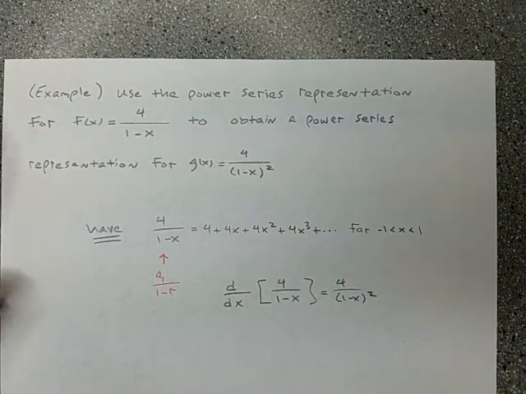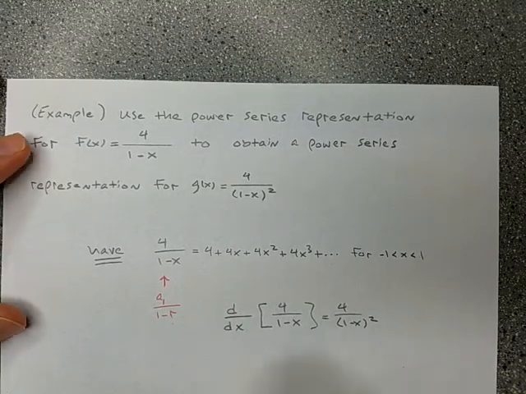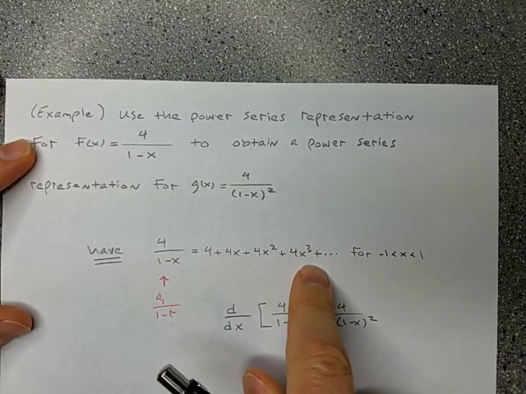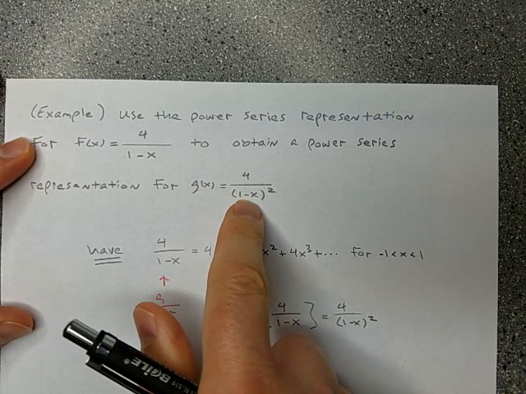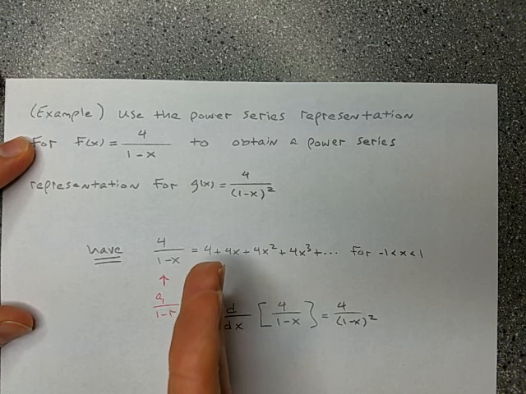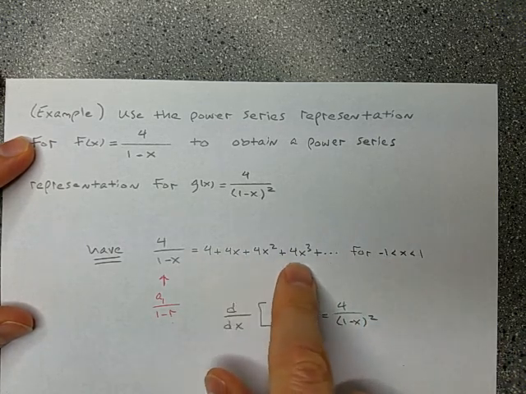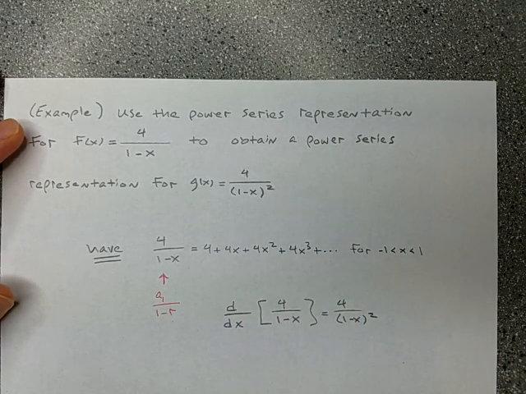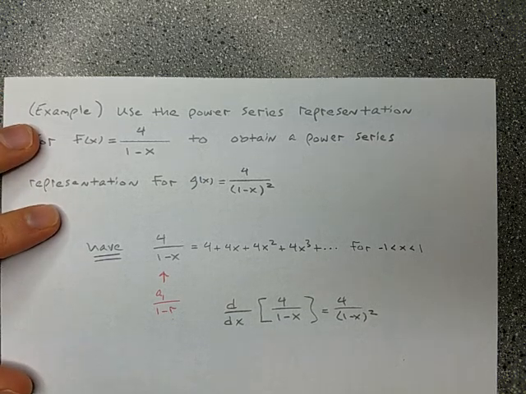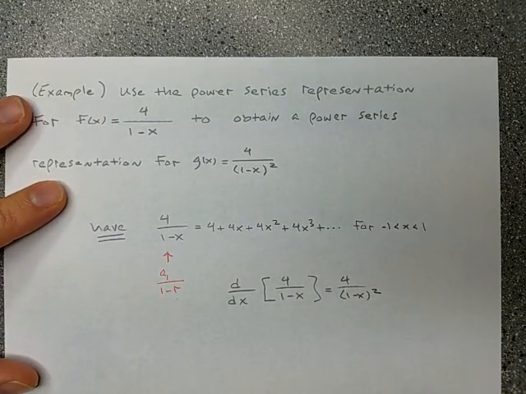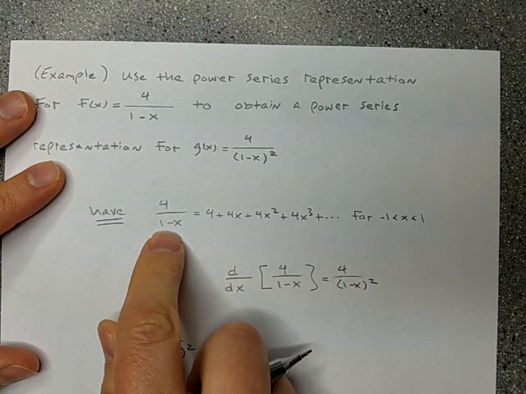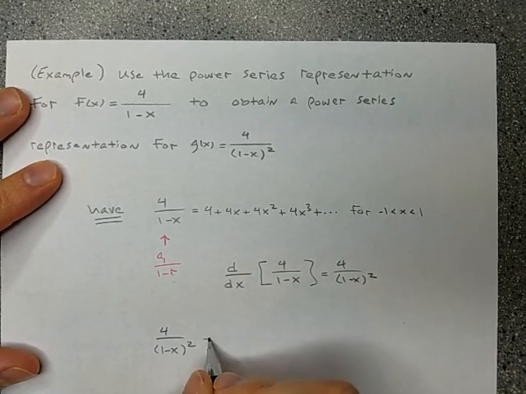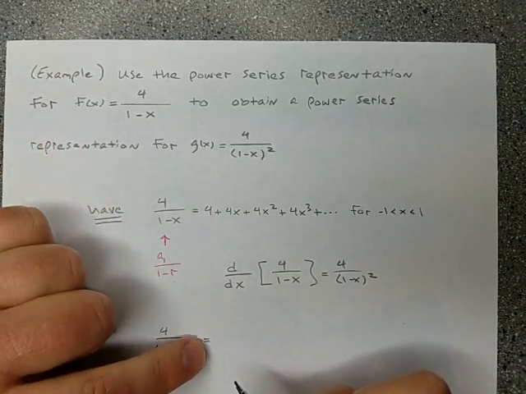Now, that means that if I differentiated this statement, on the left-hand side it would say 4 over 1 minus x squared is equal to, on the right-hand side, whatever the derivatives of all those are. So we'll get 4 over 1 minus x squared, which is the derivative of this, equals, what's the derivative of 4? 0.